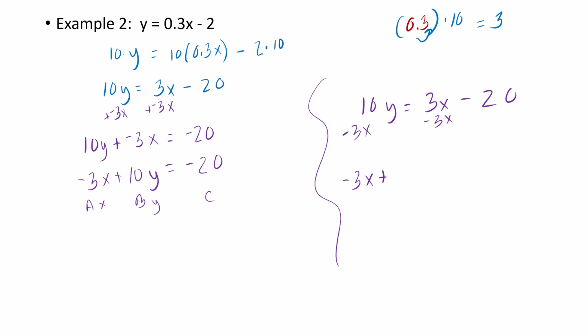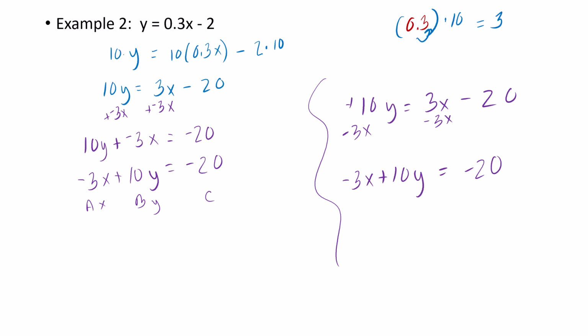And then this would be a plus sign there because the 10y was positive to begin with. But I have had students really mess up the pluses and the negatives there. So just be careful, and remember that when you're subtracting the 3x from both sides, it's going to make the 3x negative on the other side of the equation.